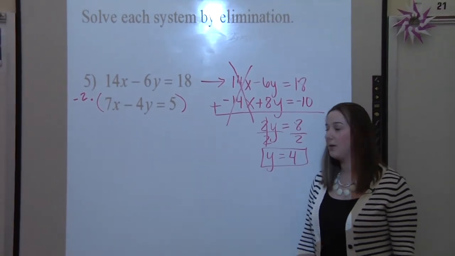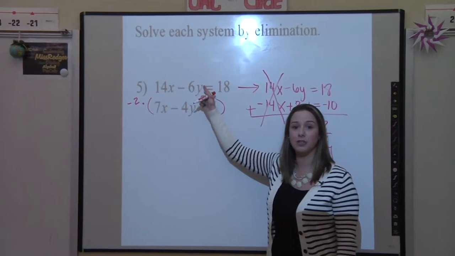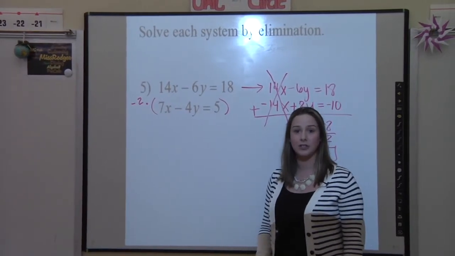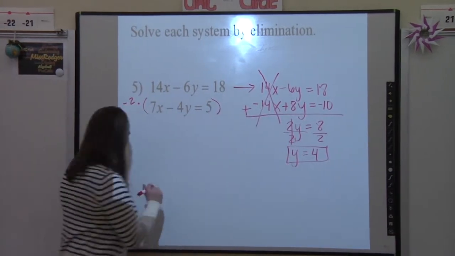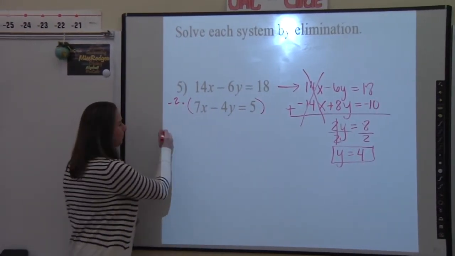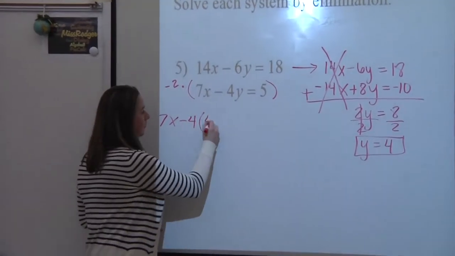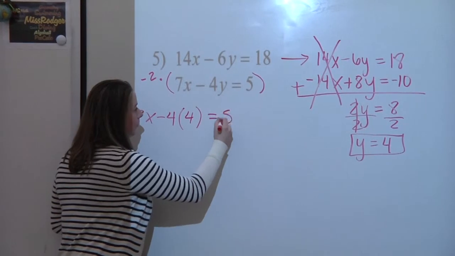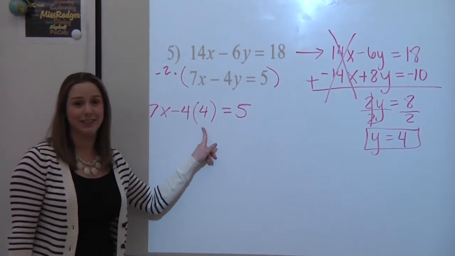Just like in all the other problems, we can take our value of 4 and substitute it into one of the original equations for y in order to solve for x. I'm going to work with the second equation to do this. Notice how I substituted 4 in using parentheses.